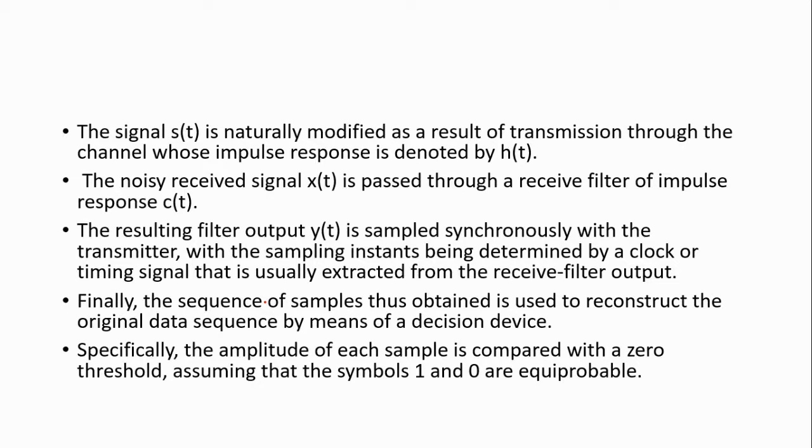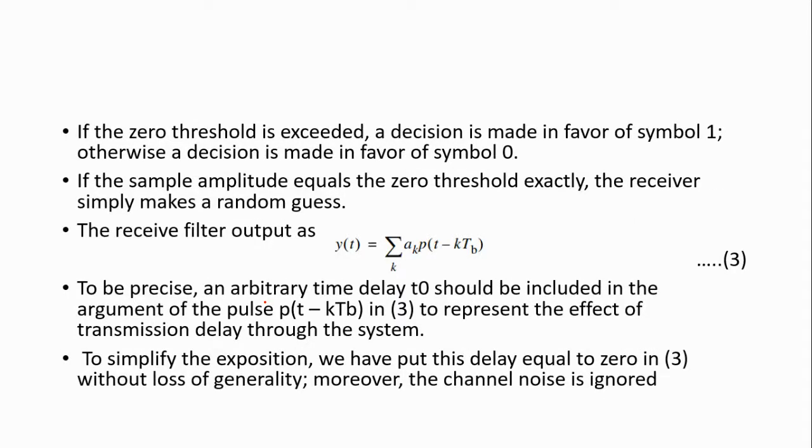The decision device finds the value of the original binary signal by using the threshold value. Here the symbol 1 and symbol 0 are equally probable, and the amplitude of each sample is compared with the zero threshold value. If the zero threshold value is exceeded, then the decision is in favor of symbol 1.